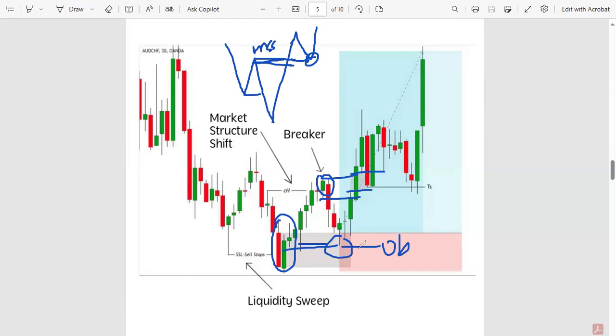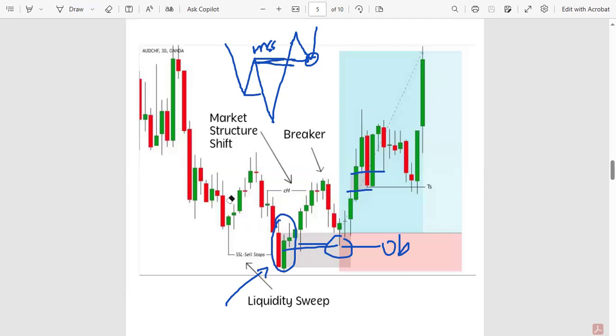But if you missed the entry on this order block, you can take your entry on this breaker block. It's going to give you another re-entry, and it's going to help you make some profits. Because if you missed this order block down there, then you can enter on this breaker block here, and you can see price going high.